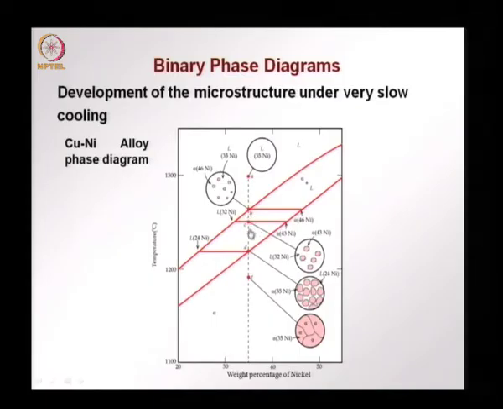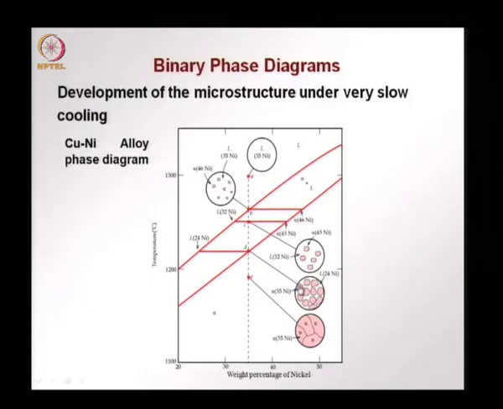We drop the temperature further and we go down to the point D, where now we have the right end of the tie line corresponding with the solidus line at a value of 35% nickel. So, that will be the solid content.